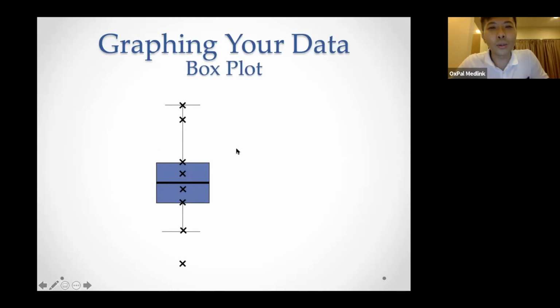This is also known as the box plot, and the X represents the data points, they vary along the y-axis. So the one at the bottom is the lowest value, okay? One can imagine this is the shortest person, and many of us are average and some are taller than others, okay?